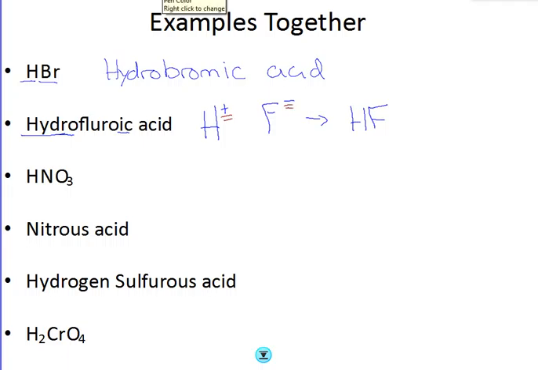HNO3. I see 1, 2, 3 different elements. So I know it's a polyatomic, which gives me an oxyacid. So I'm going to go to the polyatomic side of my yellow sheet, my support sheet, and I'm going to see that NO3, if I pull that away, NO3 minus as the anion is nitrate.